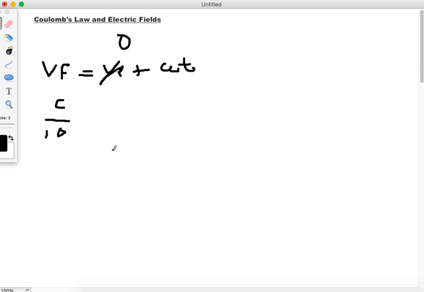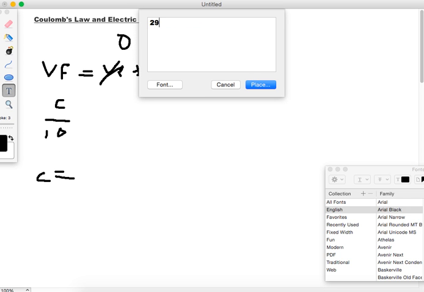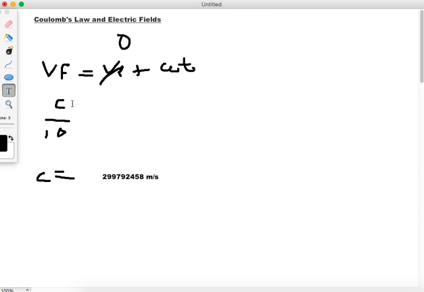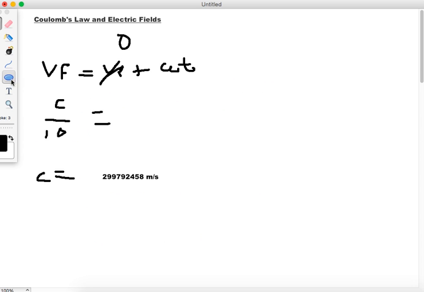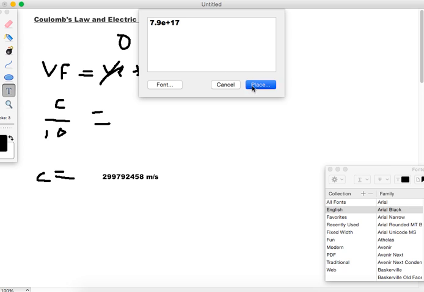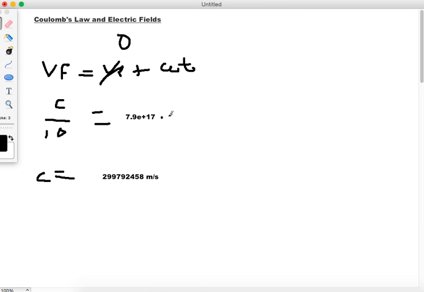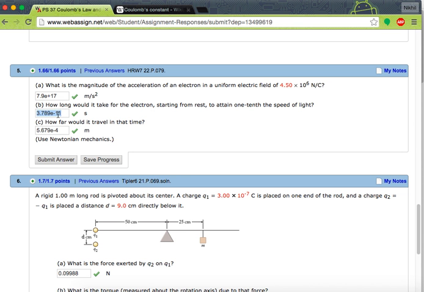You can look up C. C is equal to 299,724 meters per second. So C over 10 is equal to A times T, and we solved for A in the previous portion. You can solve for T, you get this.